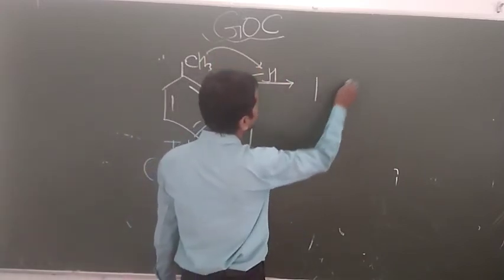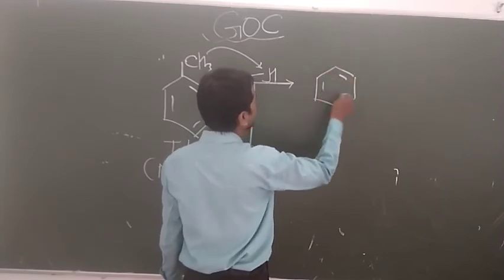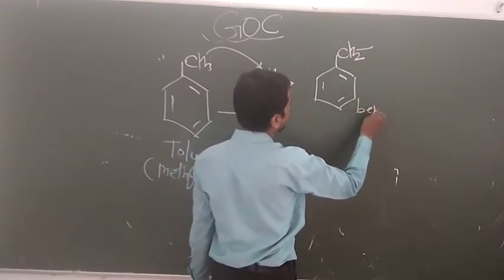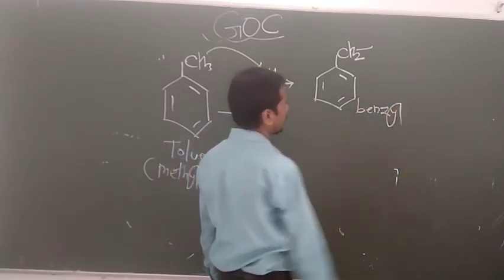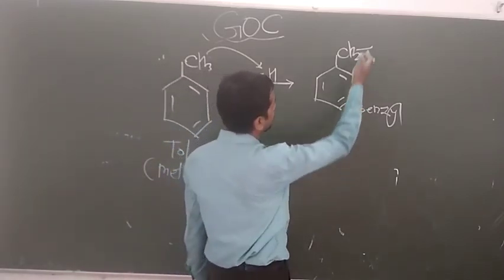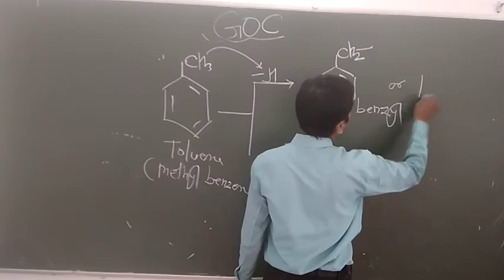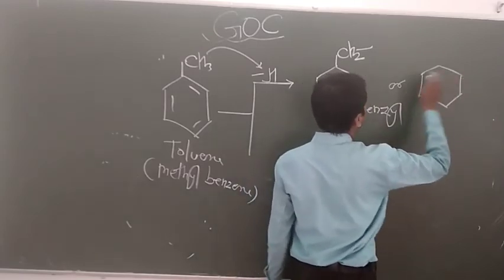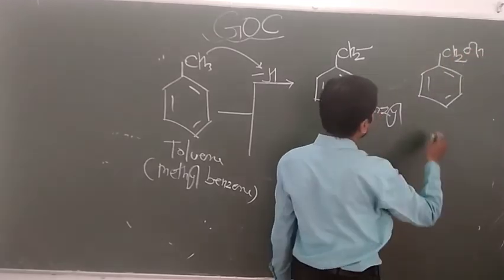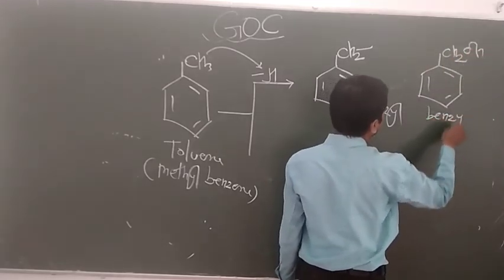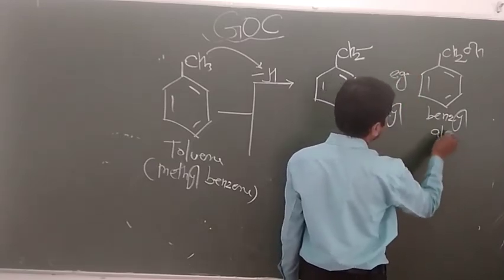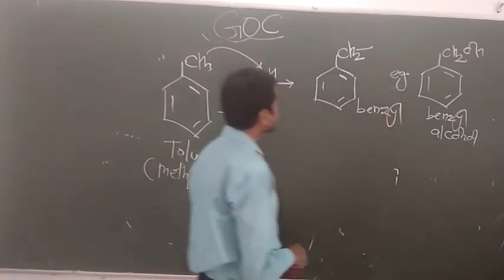In that condition, this will form a group that is known as benzyl. So one question may be: write about benzyl alcohol. You can write OH here. Now this becomes benzyl alcohol. By this way, you can also write the formula.